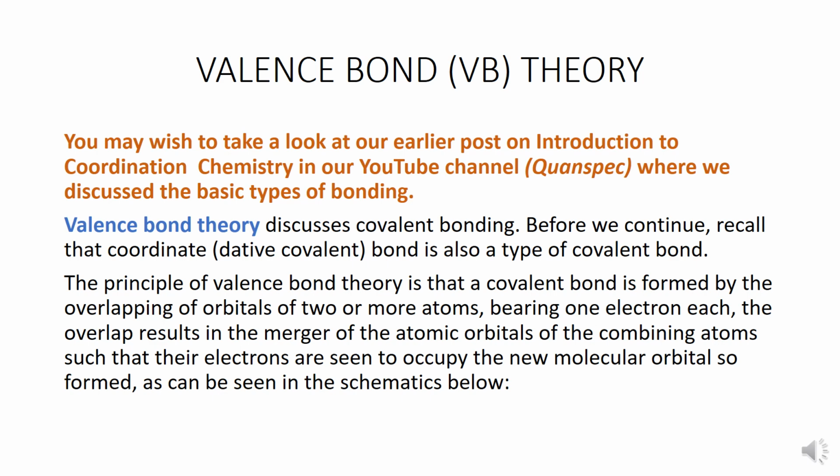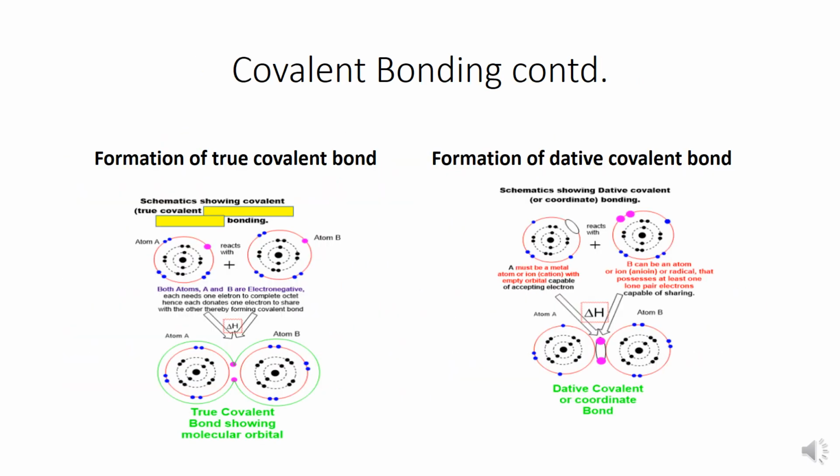As you can see in this schematic, there are two atoms here, atom A and atom B. Atom A and B show the valence orbital or valence shell on the outer layer, which is marked red, and they contain paired electrons, except the red electrons that are single electrons.